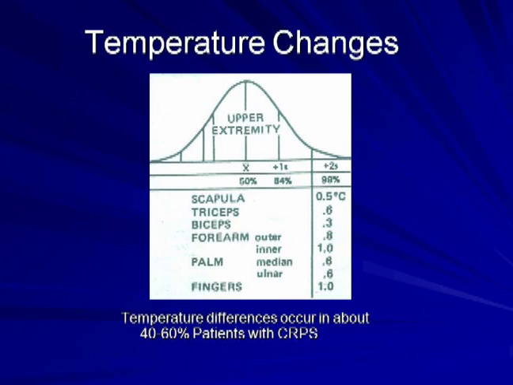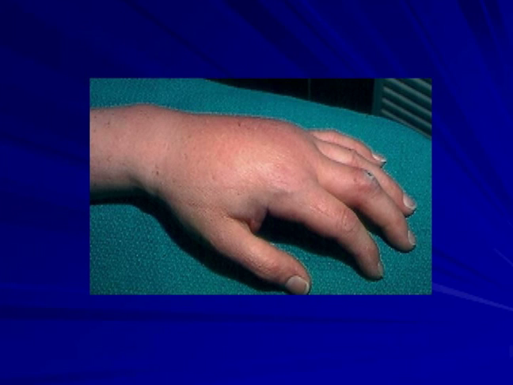Okay. I'll show you an example of a patient from many years ago that I saw. This was a woman who was driving in a car, and she was rear-ended, and when she was rear-ended, her hand came off the steering wheel in the jolt, and it hit the dashboard.